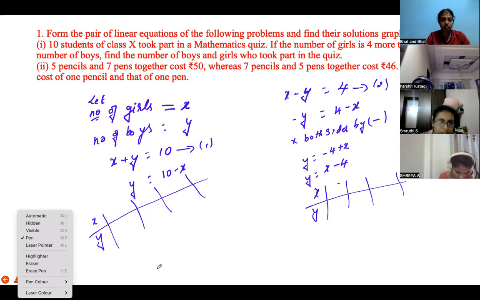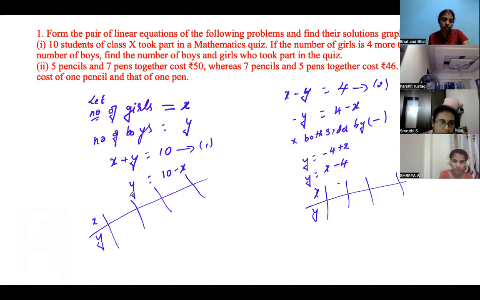When x is 4, y will be 6. And 3 and 7. How about 5?